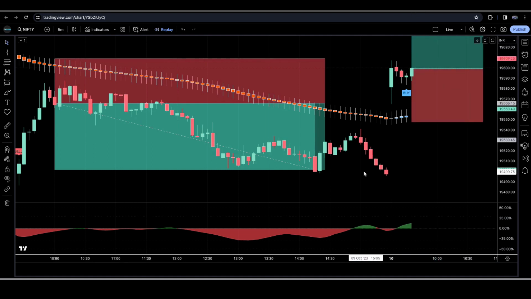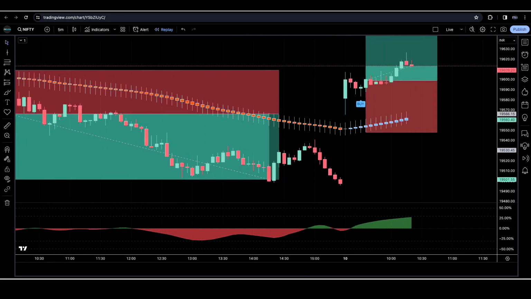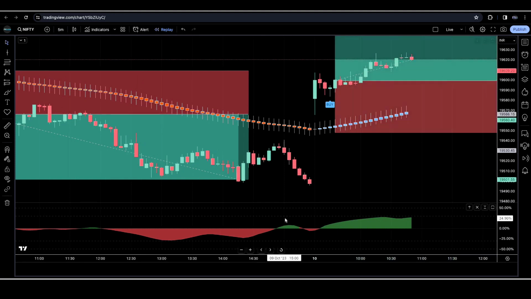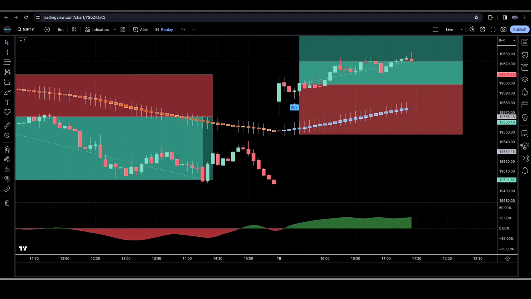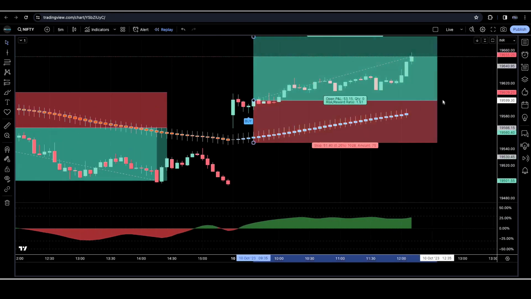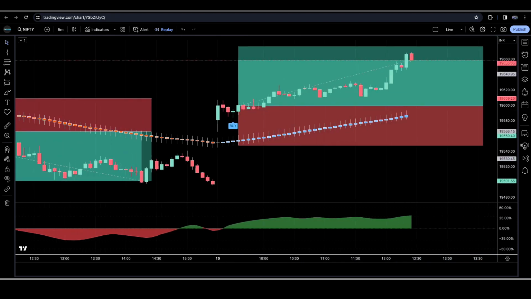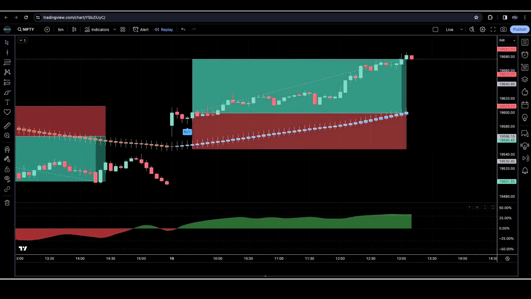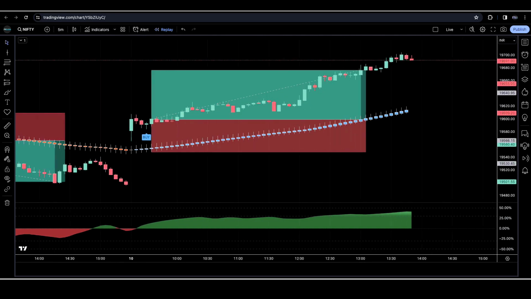And the risk to reward ratio will be 1 to 1.5. The market has completely hit the target. I hope you must have liked this trading strategy.